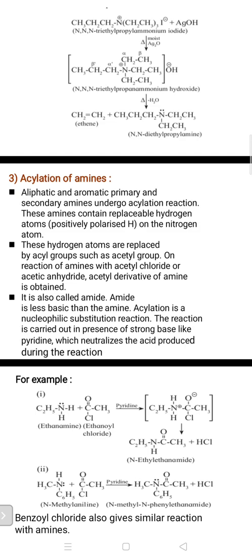These hydrogen atoms are replaced by acyl groups such as the acetyl group, means CH3CO group. In this reaction, amines react with acetyl chloride or acid anhydride, and the final product is the acetyl derivative of the amine. It is also called an amide. Here the amide is less basic than the amine.